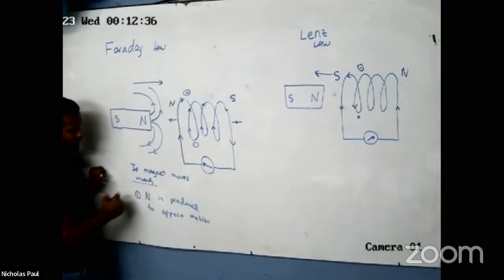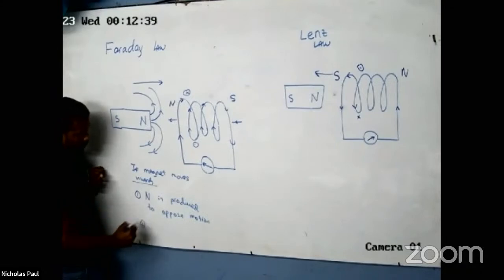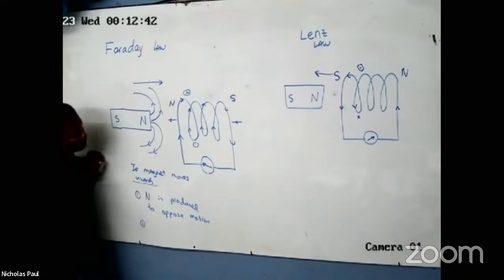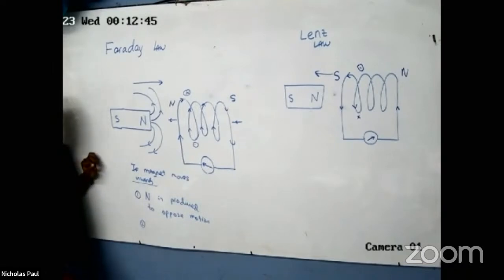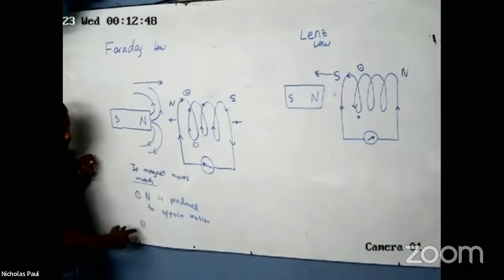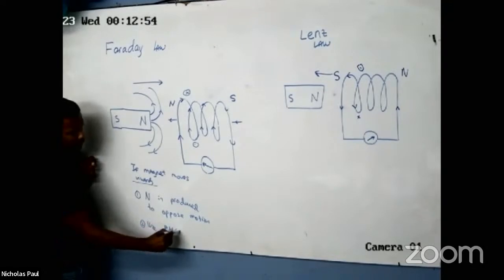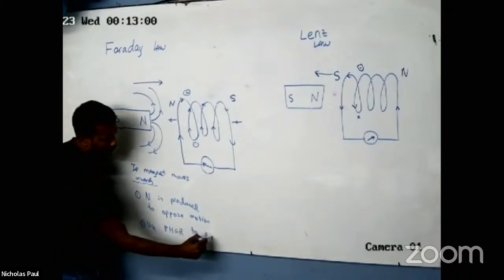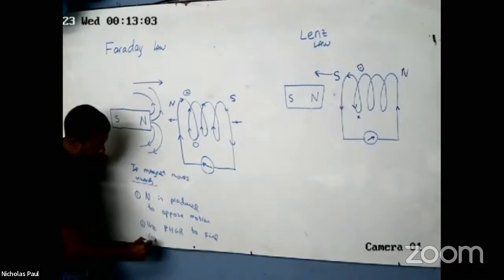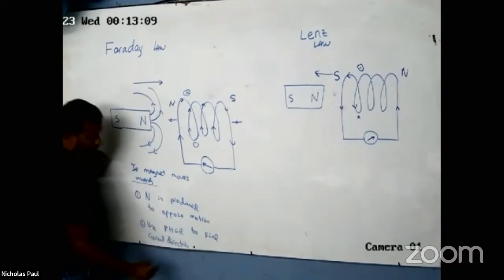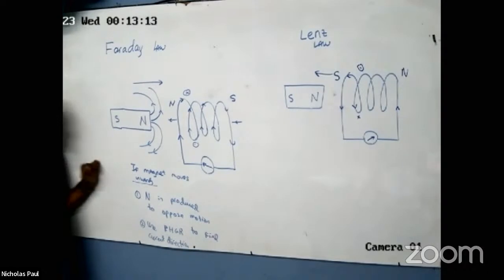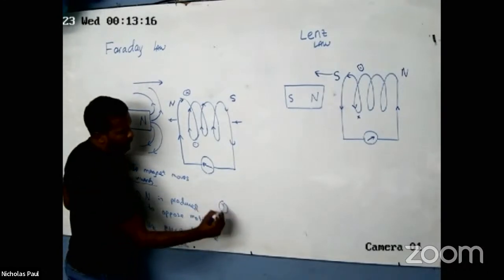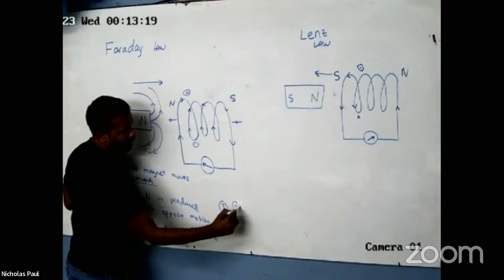Remember, it's moving inwards here. Number two, use the right hand grip rule to find current direction. And number three, galvanometer.